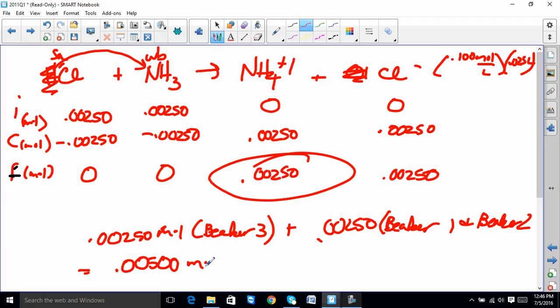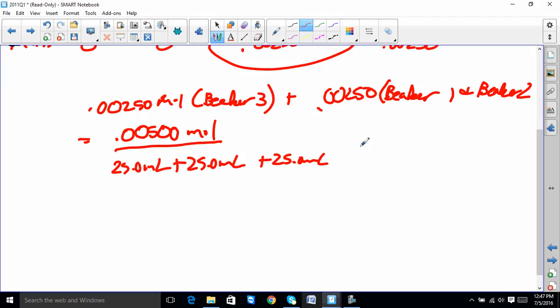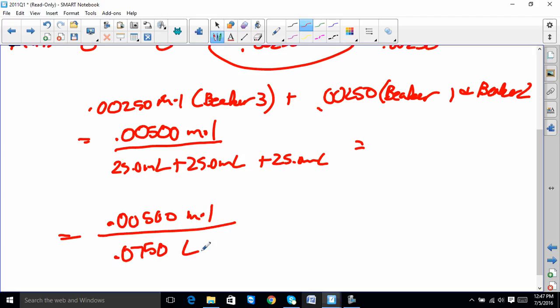0.00500 moles total, but it asks for the concentration. Well, the crazy part is the volume is now 75 milliliters, because 25 mils from beaker 1 and 25 mils from beaker 2 and 25 mils from beaker 3. This ends up being 0.00500 moles over 0.0750 liters.